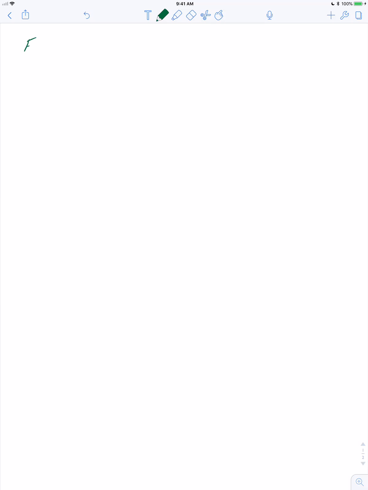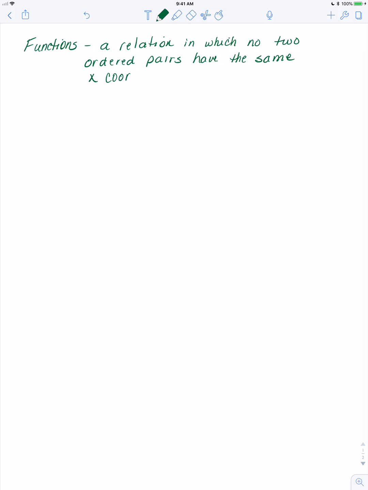All right, today we're going to talk about functions. And in order for something to be a function, the definition is a relation. And so remember, a relation is a set of ordered pairs in which no two ordered pairs have the same x coordinate.